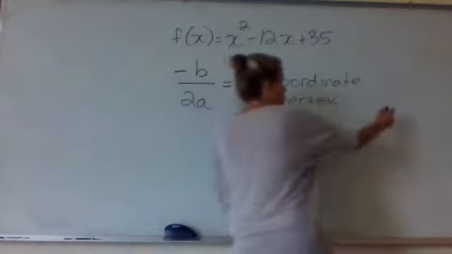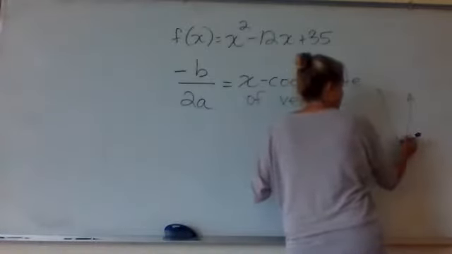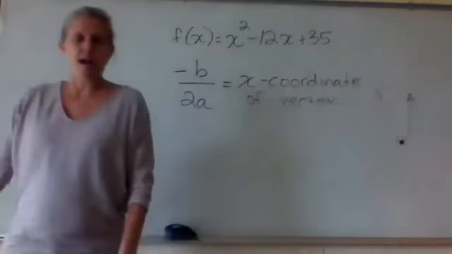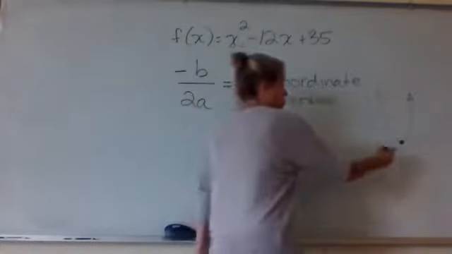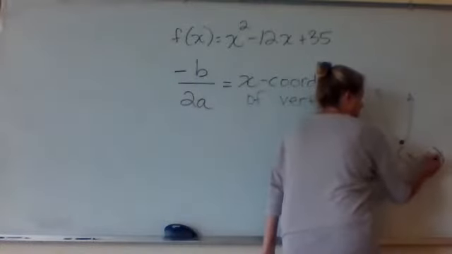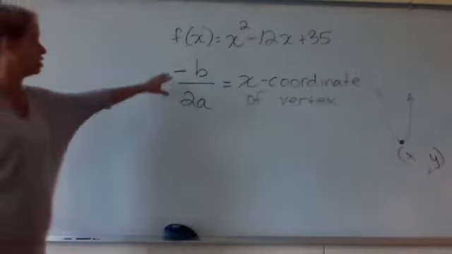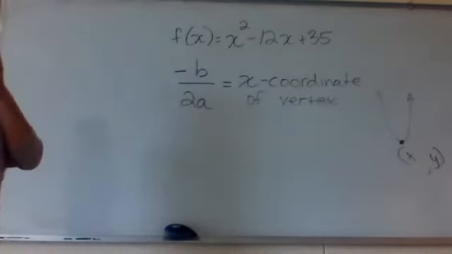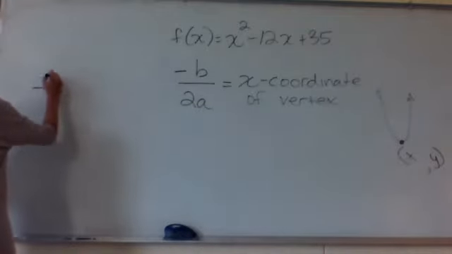So remember, I'm going to have a parabola. It's going to have a vertex. I am finding the x coordinate. Remember, it's a vertex, which means it has an x coordinate and a y coordinate. This is how you find the x coordinate. And this right here doesn't just come out of nowhere. Remember the Pythagorean theorem, the quadratic formula?